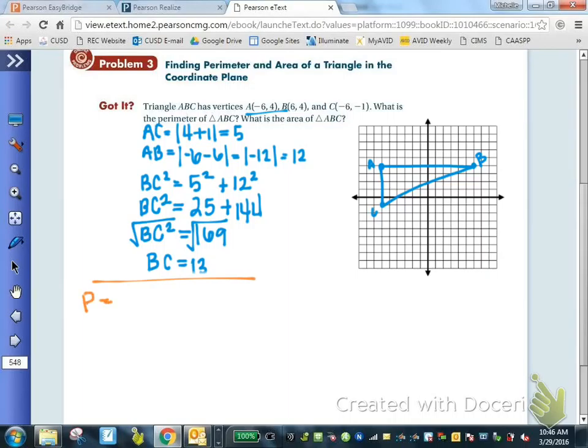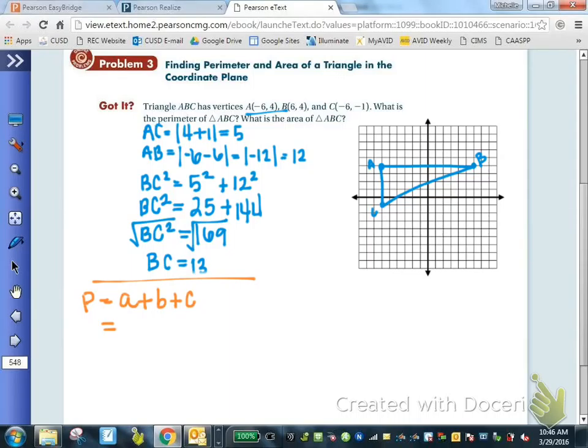So perimeter equals, I would say, we can just call it a plus b plus c, lowercase. Oh, here, let me give you guys a triangle convention. Typically when we're naming triangles, the side across from the vertex is called the same letter but lowercase.